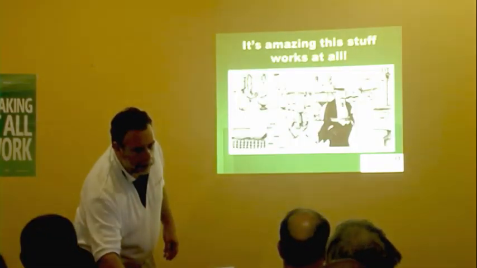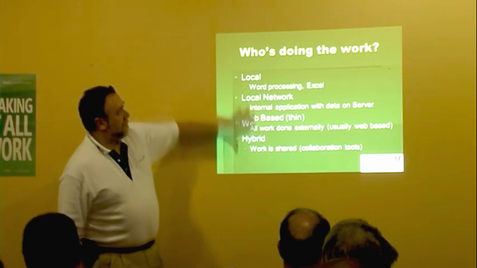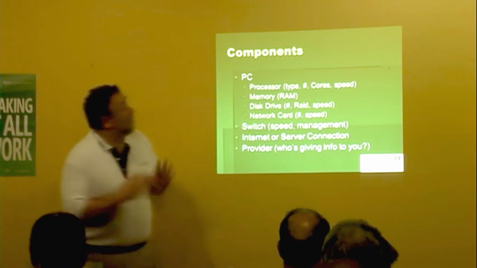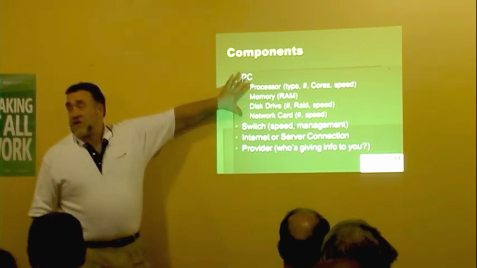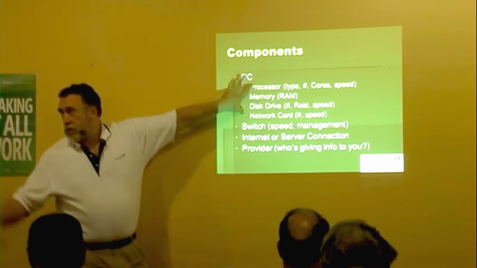So, we go back to these 4 types of activities. If we're just talking about local, really the PC is all that matters because there's nothing else going on. There's no other external component involved with that.